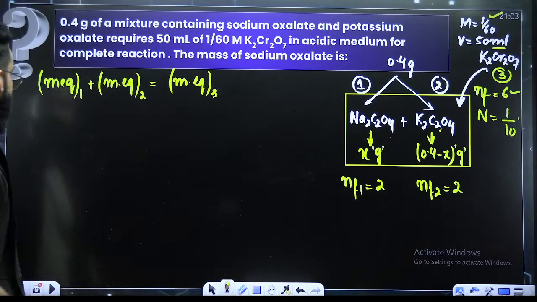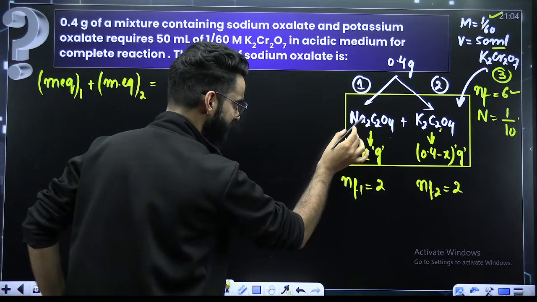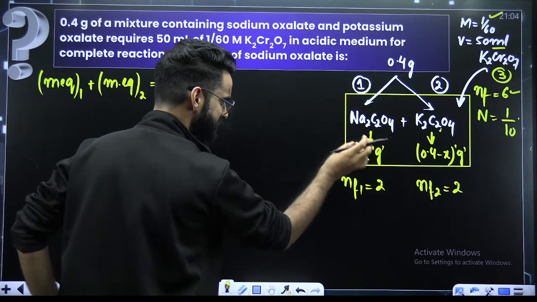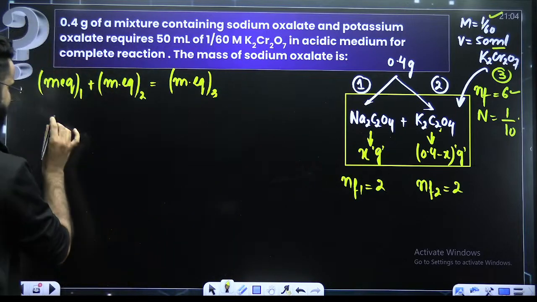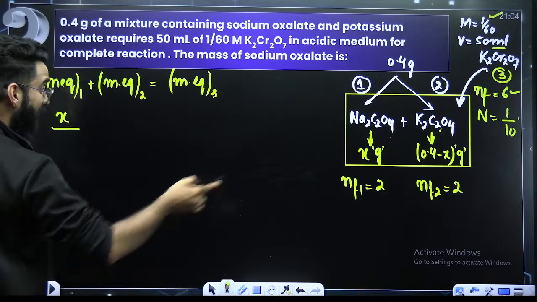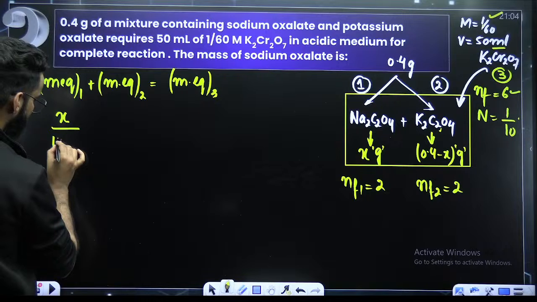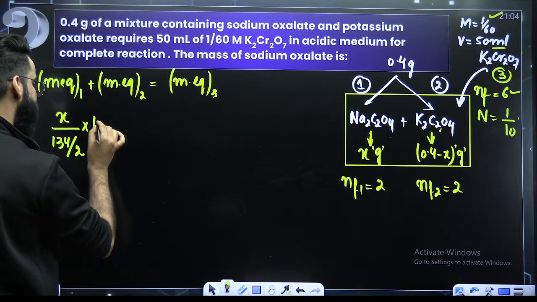Now guys, milli equivalence of 1. Since 1 is your sodium oxalate, you just have its mass, x grams. So instead of milli equivalence of sodium oxalate, I'll write mass of sodium oxalate divided by equivalent mass of sodium oxalate, which will be molar mass of sodium oxalate divided by n factor of sodium oxalate multiplied by 10 raised to the power 3.